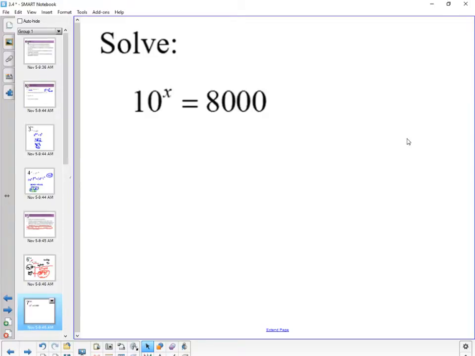Approximation would be fine at the end. How many decimal places do you want us to round to? 2 decimal places? Is that good? Sure. What did you get?